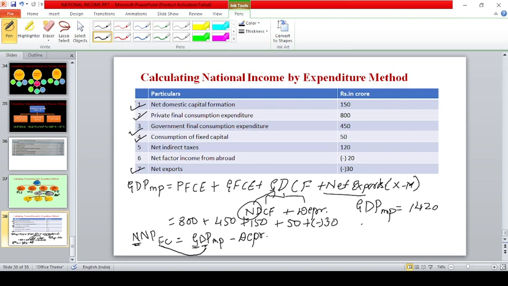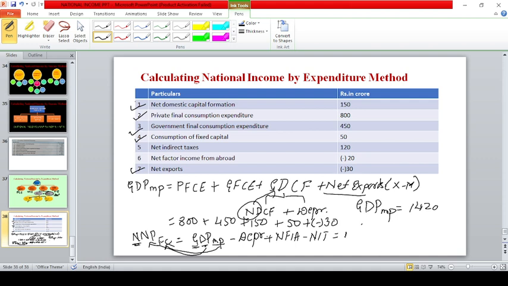Then to calculate national from domestic, we have to add NFIA. Then you have to calculate FC with the help of MP given to us. So from MP you are going to subtract NIT.